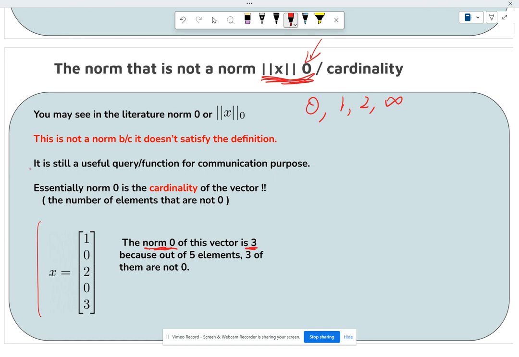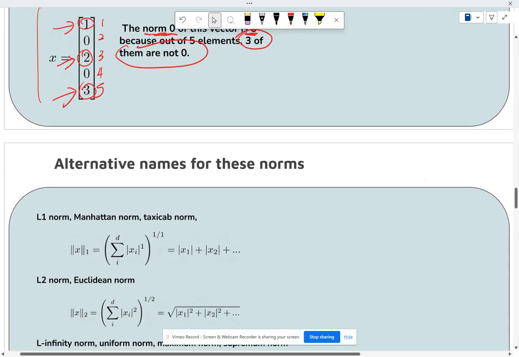It's because out of 5 elements, 3 of them are not 0. So it gives you the cardinality, the L0 norm. Cardinality means out of a vector, you're counting how many of them are not 0. And that's it. It's not that difficult to understand. Okay, so that's the L0 norm.